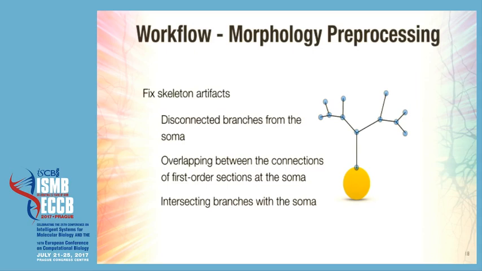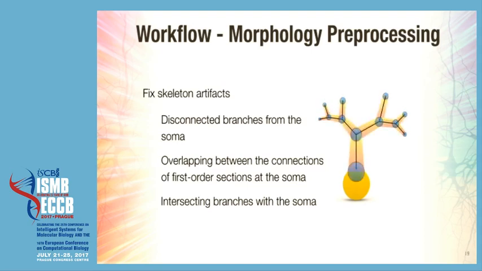We haven't solved all the artifacts, only the ones that would affect the reconstruction of the volumetric models. So we managed to fix, for example, the disconnected branches from the soma, any overlapping between the connections of the first order branches and the soma as well, and any intersecting branches.